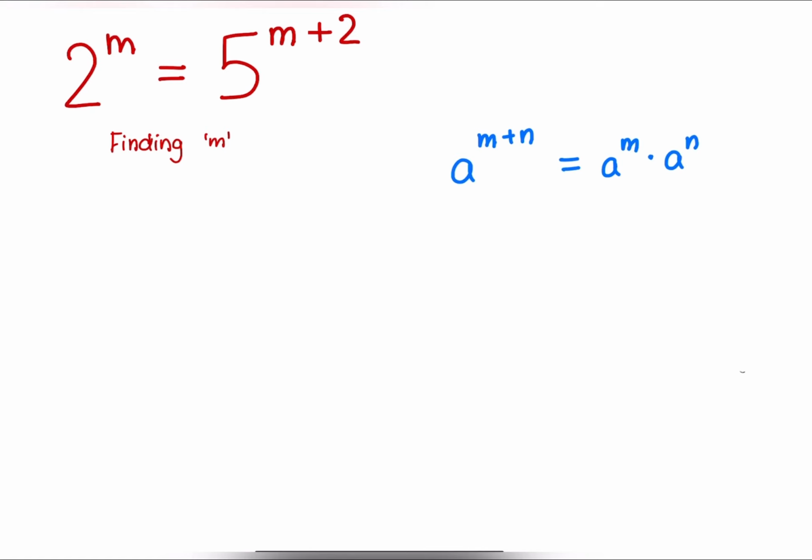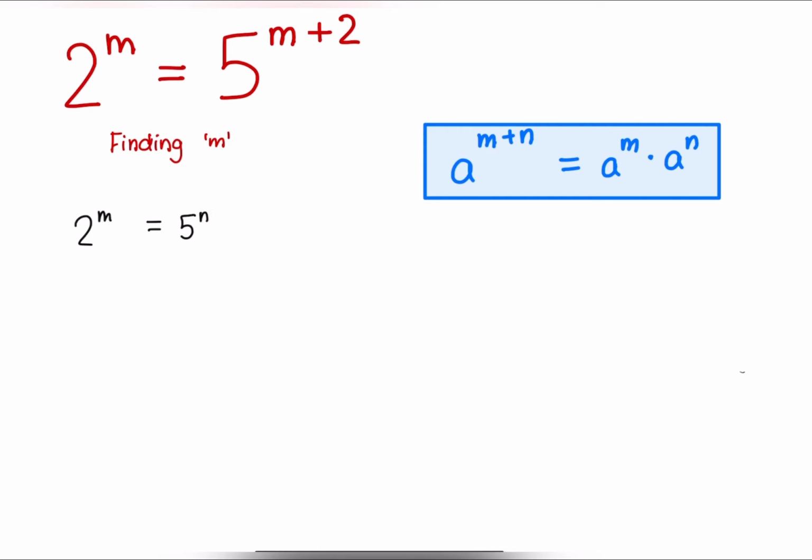And so we're going to be making use of this rule right over here in our first step of the equation. So that gives us 2 to the power m is equal to 5 to the power m times 5 squared, because we've used this rule on 5 to the power m plus 2.